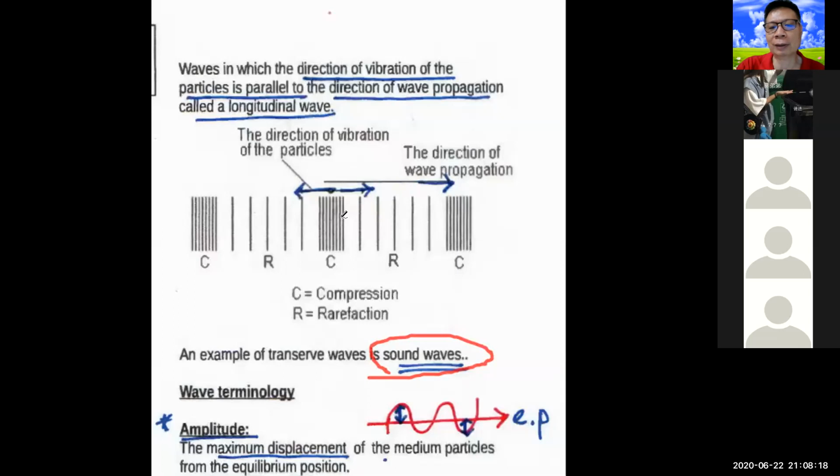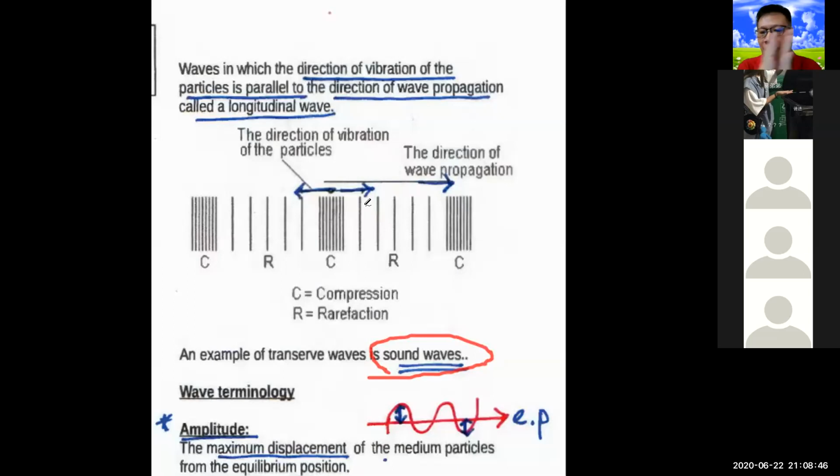So they are parallel. Okay, compression means all the molecules come together, compress. Then after that, stretch out, open up. Rarefaction, they call it rarefaction. Open up is rarefaction. Then compress again, rarefy again. Rarefaction is open up. Close, open up, close again, open up.